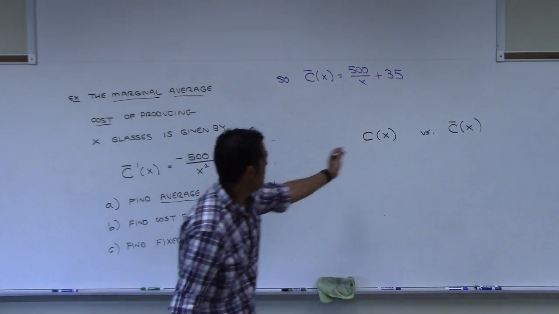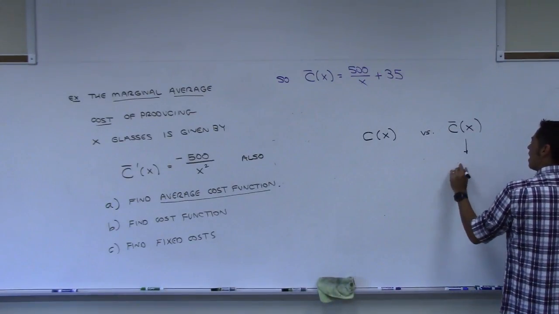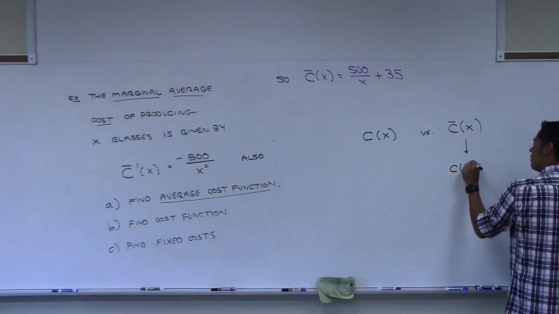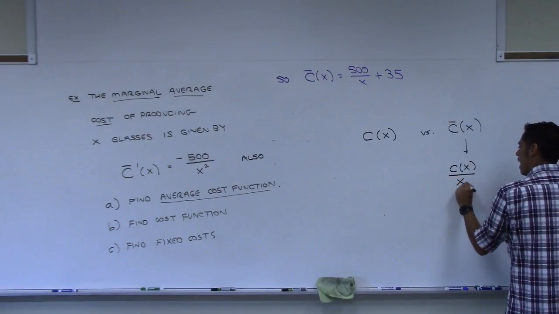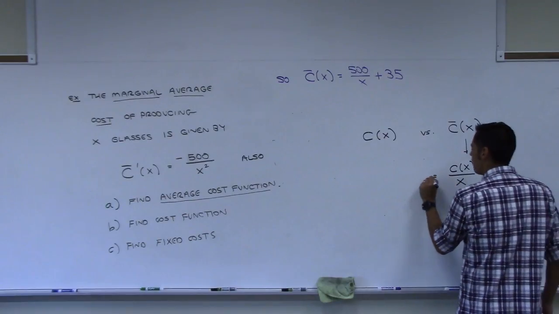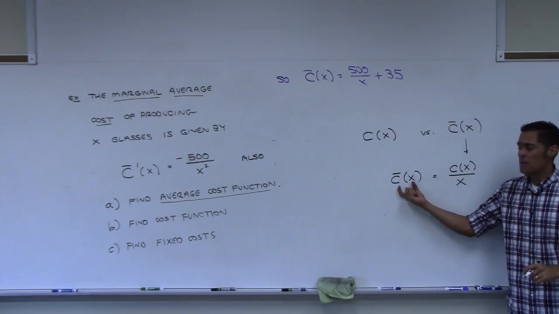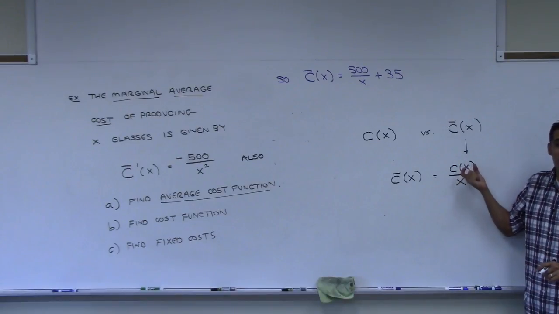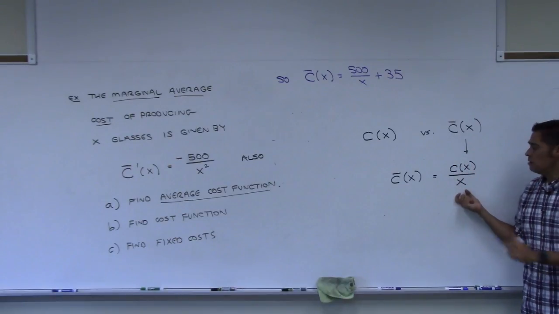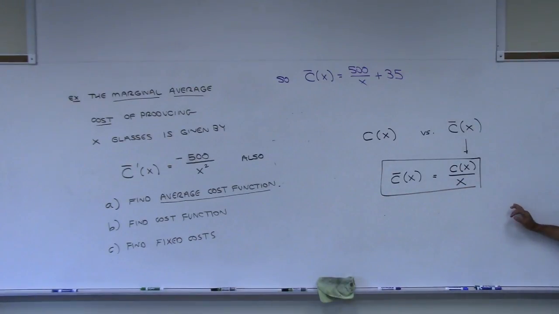So the relationship between the two is that this right here is actually just your cost function divided by X. Okay? So your average cost function is your cost function divided by how many things you sell. Do y'all see that right there? We need this big time right now. Questions?